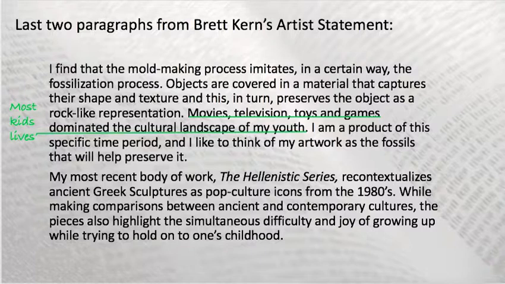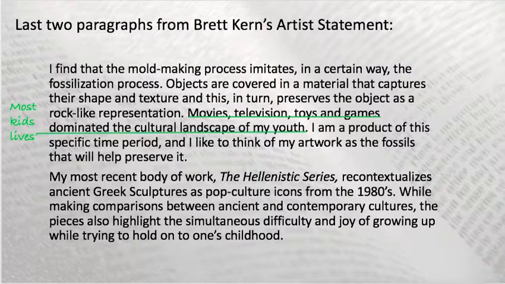Okay, the next sentence says, I'm a product of this specific time period, and I like to think of my artwork as the fossils that will help preserve it. From reading this first paragraph, I look back and I see that fossils has been mentioned in both the first sentence and the last sentence. So this is probably a key element to his artwork. In the first sentence, he mentions the process for making these fossils, which is the mold making.